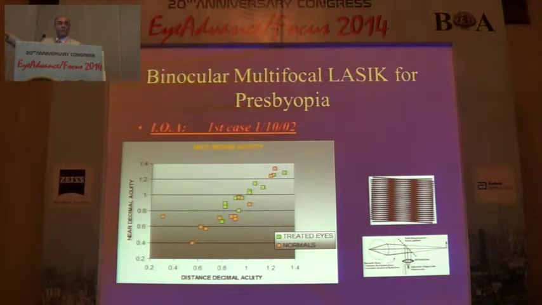This would give you a very simple two-dimensional pictorial representation to decide whether you have success or failure in your systems, whether it be presby-LASIK, whether it be intracore or supracore, doesn't matter. Either way, it would be a nice simple way to show how well the two vision performances of distance acuity and near acuity are integrated.